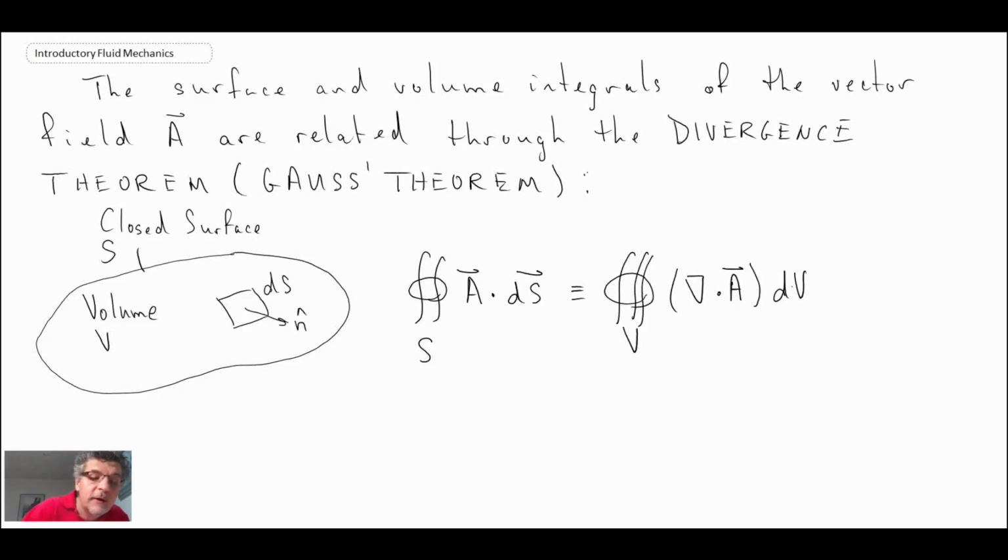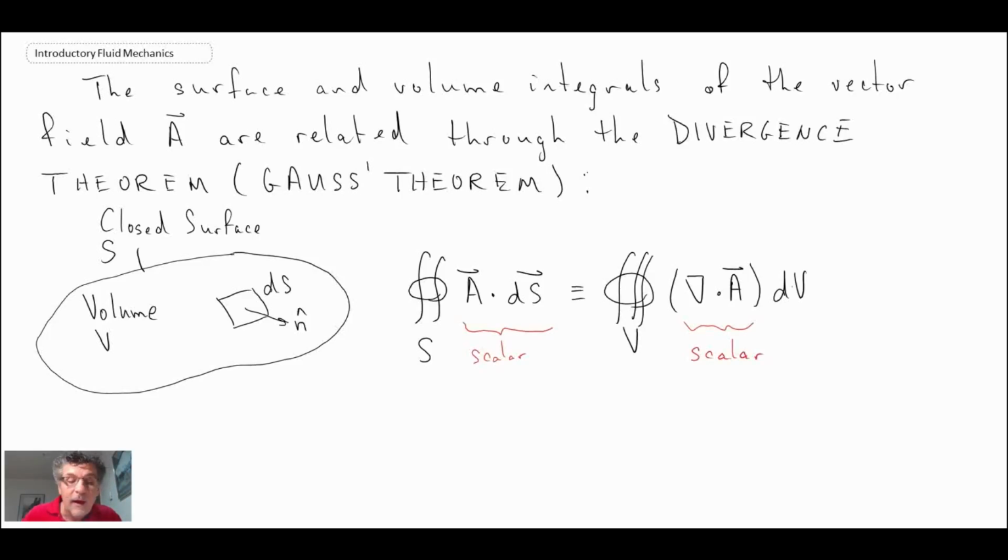In terms of what we're dealing with here, a vector dotted by another vector gives us a scalar. And then here we have del dot A, so that is a scalar as well. The consequence is that we get a scalar on the left and a scalar on the right.